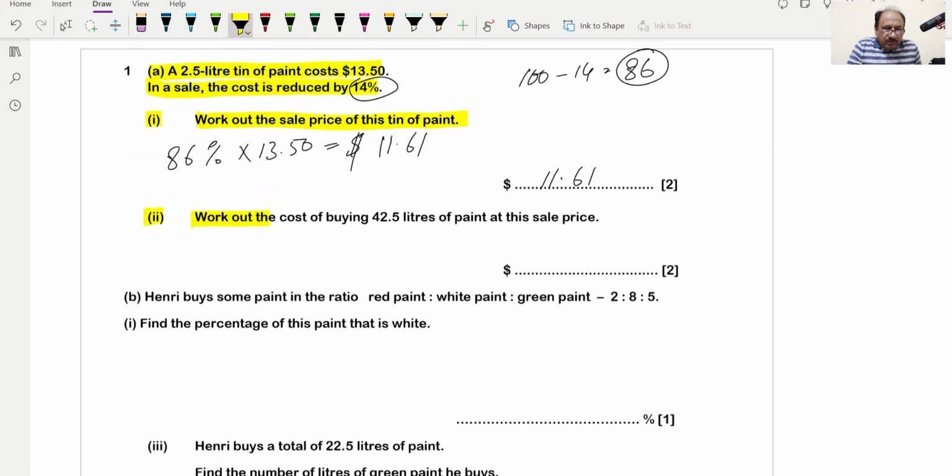Second part, work out the cost of buying 42.5 liters of paint at this sale price.